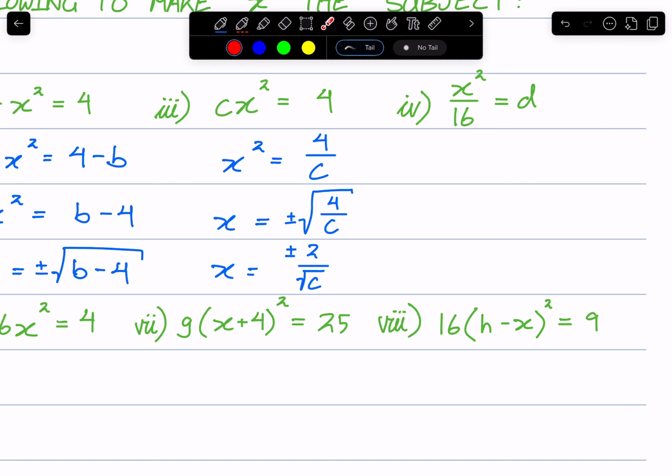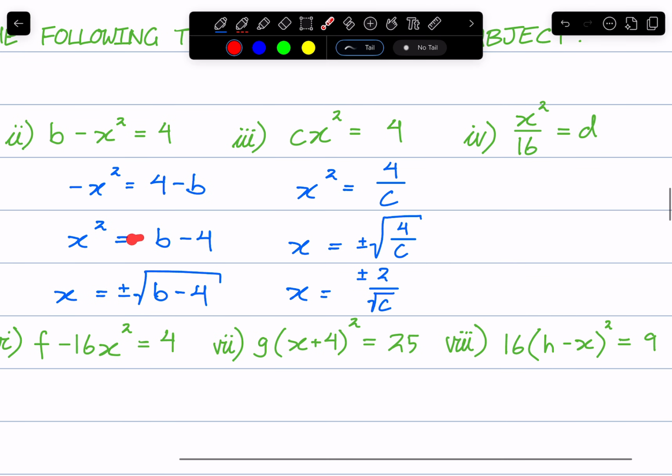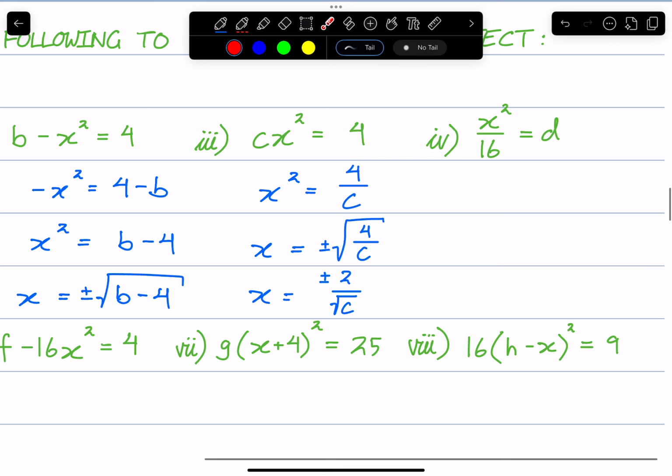So the final form of this one is actually x equals plus minus 2 over square root c. So this idea where the square root splits into square root b and square root 4, what we're actually thinking is it splits only when there is a division or a multiplication, like in this next example here.